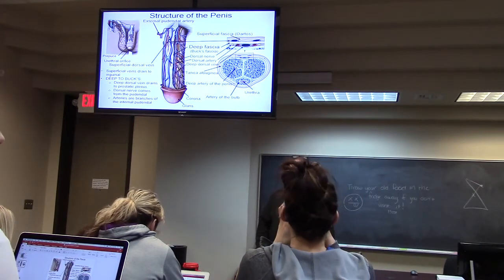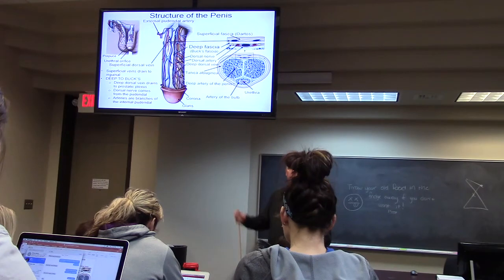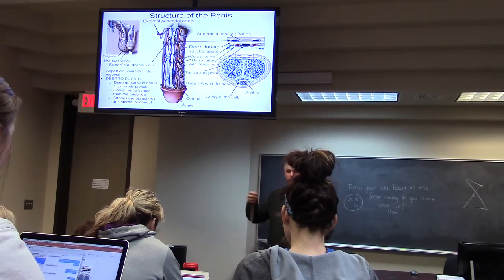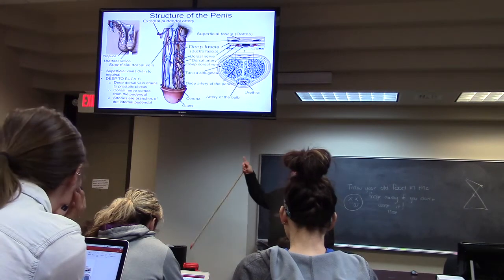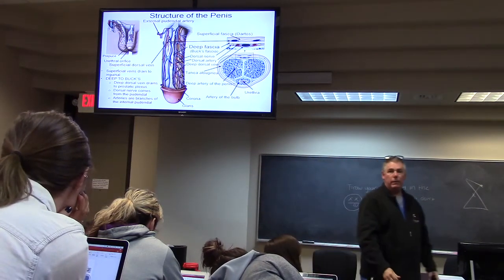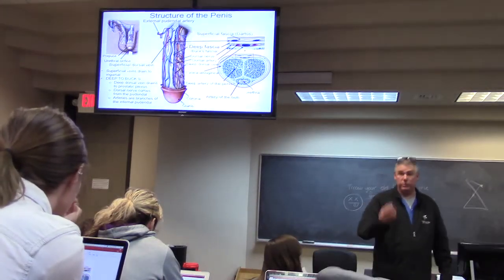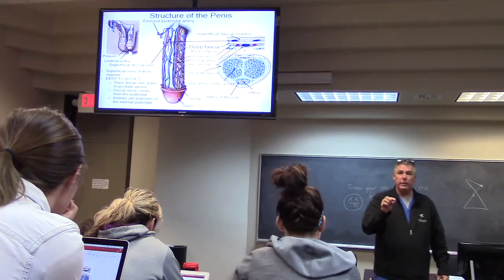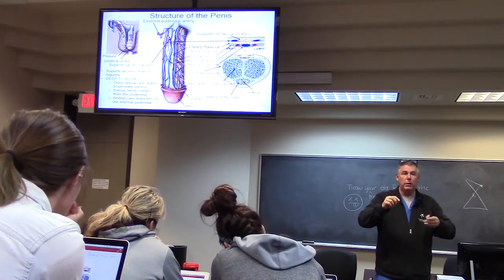What's it made out of? It's more sinusoidal. Yeah, there's blood in here. These are not capillaries. Capillaries are too small to even see. It will truly look like a sponge, and when you squeeze it, fluid comes out of the sponge.